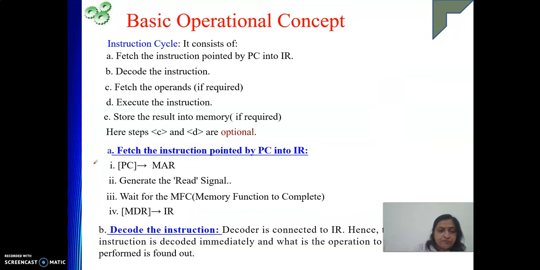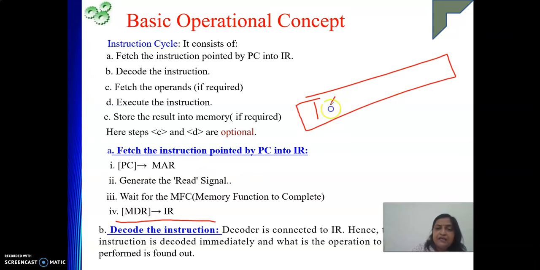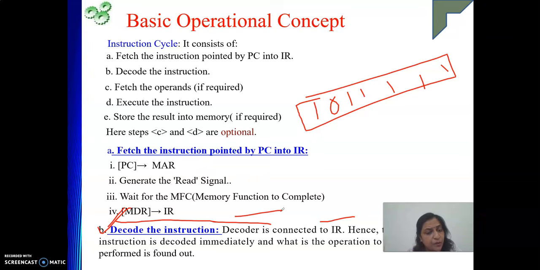Next is decode the instruction. Whatever you have brought into IR is nothing but a mere collection of 1s and 0s. What it represents, which operation to perform, and where your operand is, we need to understand. To understand that, we need to decode the instruction. Whatever is in IR is directly connected to the decoder, and the decoder will decode immediately and tell us what to perform and where our operands are.